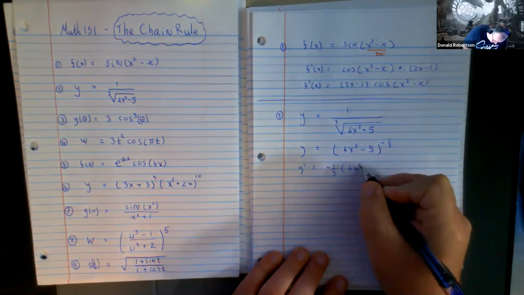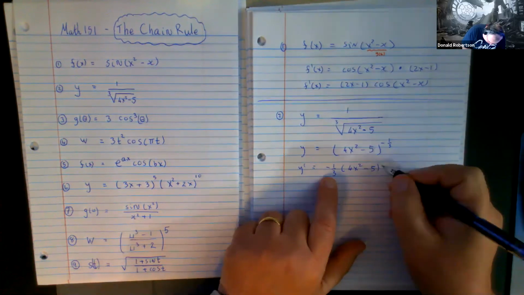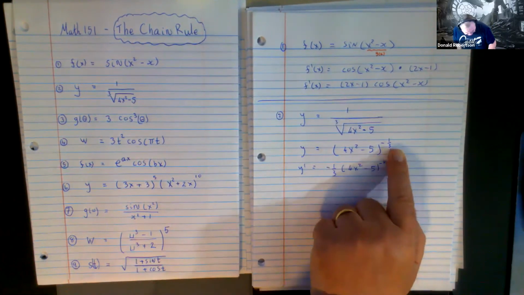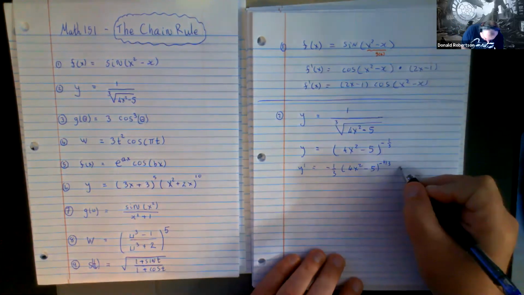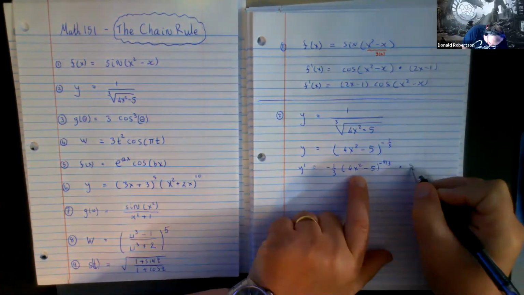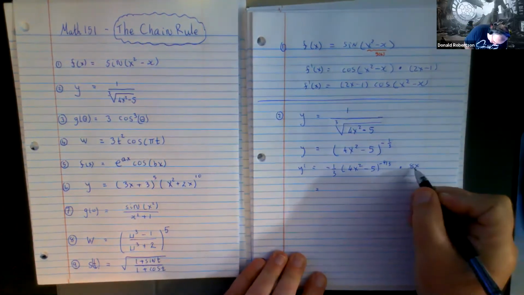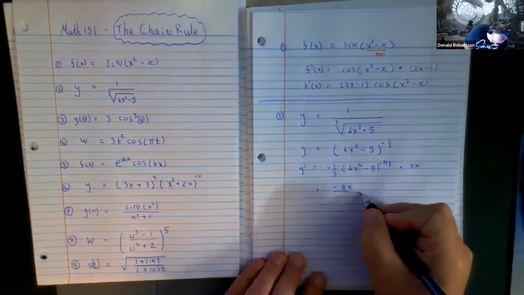So what do you get? Reduce the power by 1. Right. So something to the negative a third is negative a third, something to the negative 4/3, and then you finish with the derivative of the something. And then you make it look pretty. Well, I got a negative 8x on the bottom.